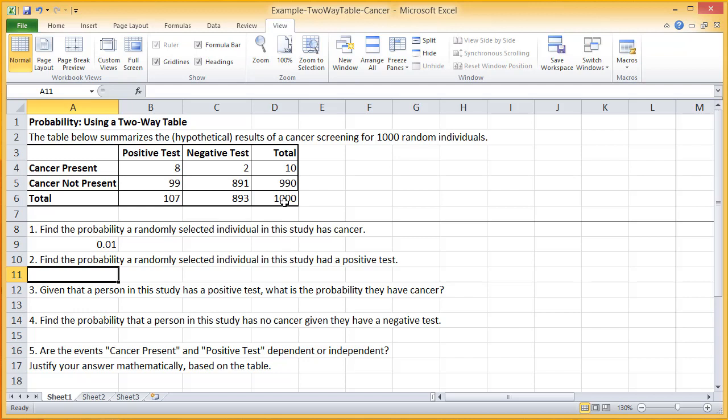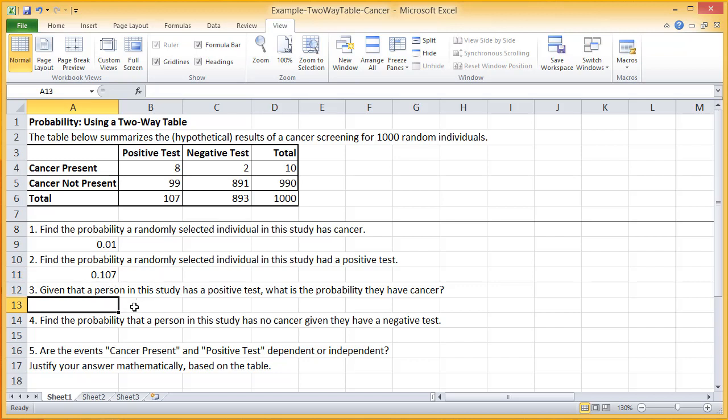The probability that somebody has a positive test will be the number of positive tests we have, 107 positive tests, 8 from people who actually had cancer, and 99 from people who ended up not having cancer. 107 out of 1,000. We type equals 107 divided by 1,000 in cell A11, we see 0.107, or about 10.7%.